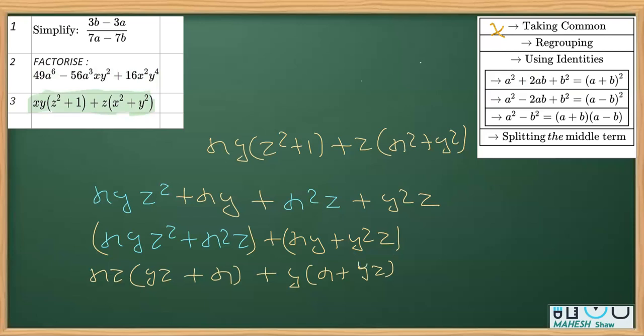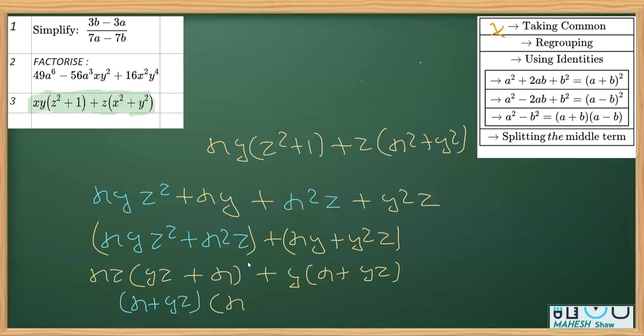Now, as you must know, yz plus x and x plus yz are the same, as you should know the commutative property of addition. So from these two, what can we take out common? I can take out x plus yz as common. And if I take out this as common, what will be left?